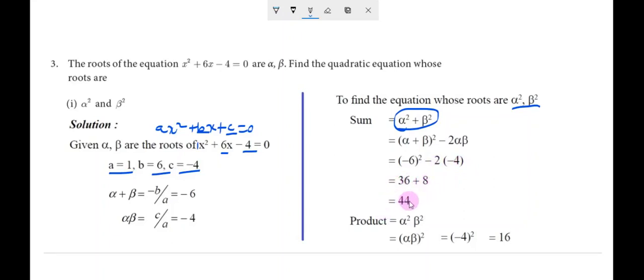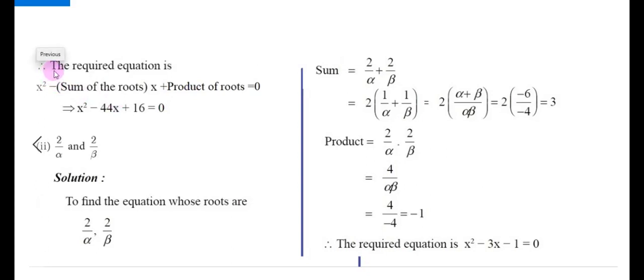it is 44. Understood? Now product of roots equal to alpha square beta square, that is equal to alpha beta the whole square, that is alpha beta value minus 4 the whole square, so minus 4 into minus 4 plus 16, so sum 44, product 16.